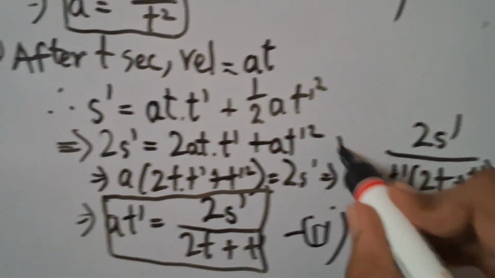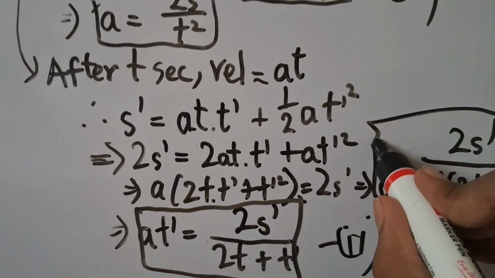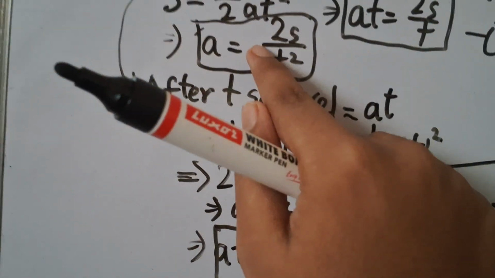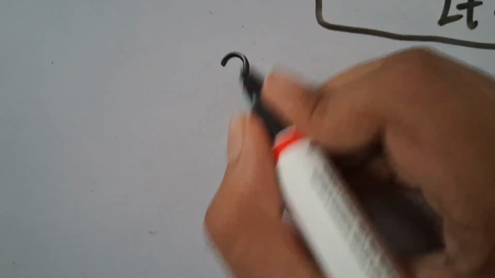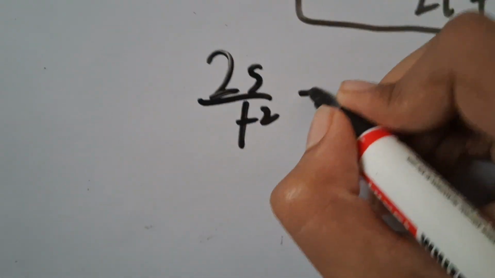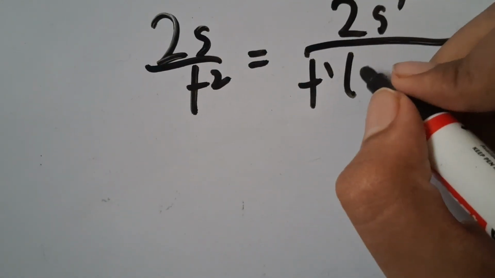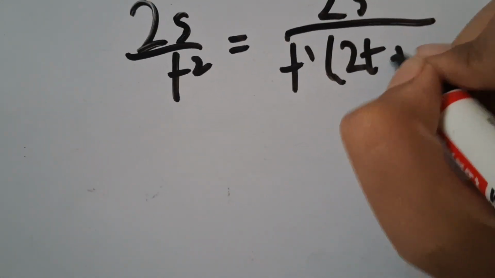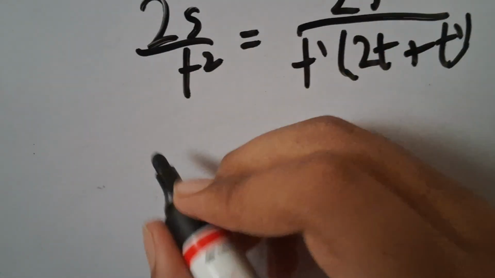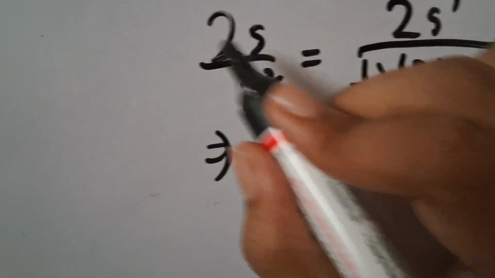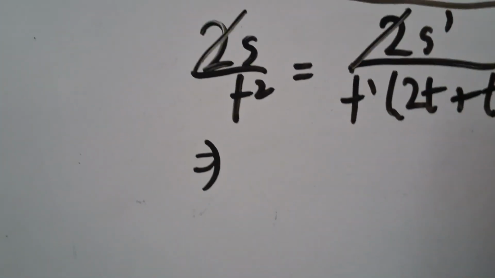So guys, before you write this, take a look at these two. You see, this is a value of a, and this is a value of a. So we can equate them. I'm just going to write what was mentioned: 2s dash by t dash into 2t plus t dash. We're going to cut this 2 and this 2.